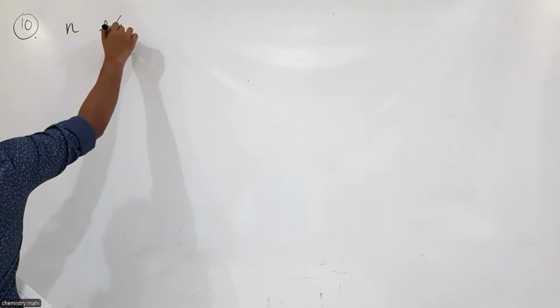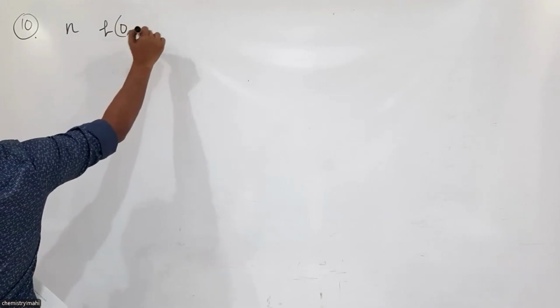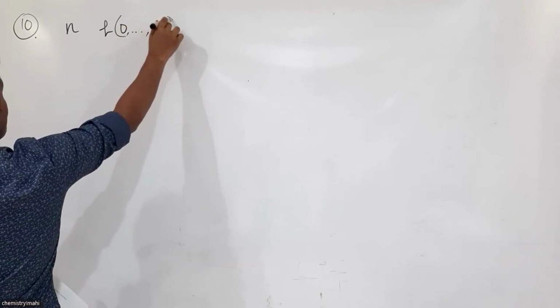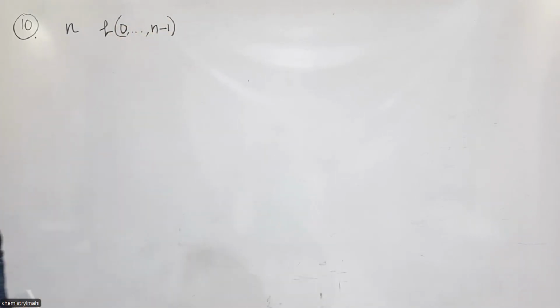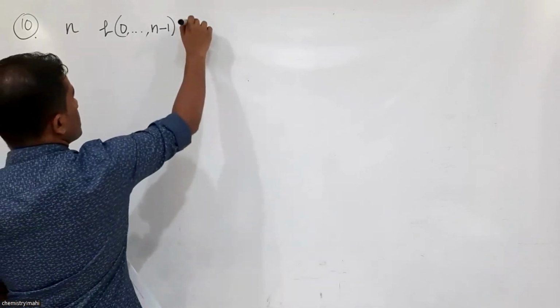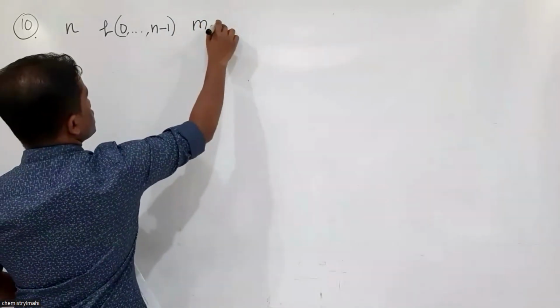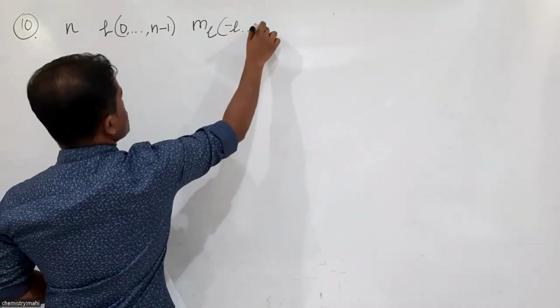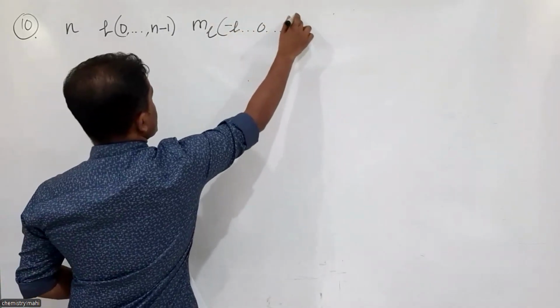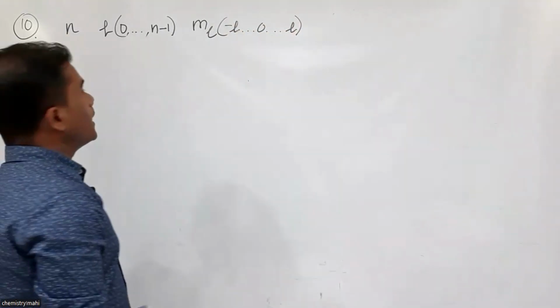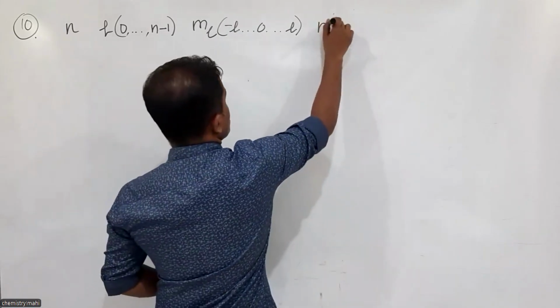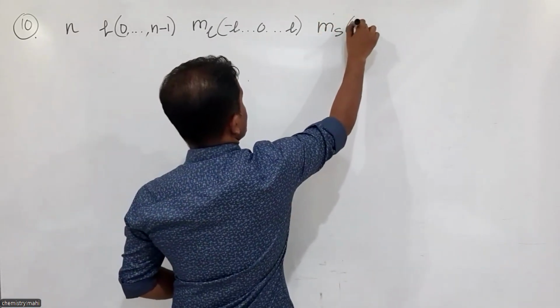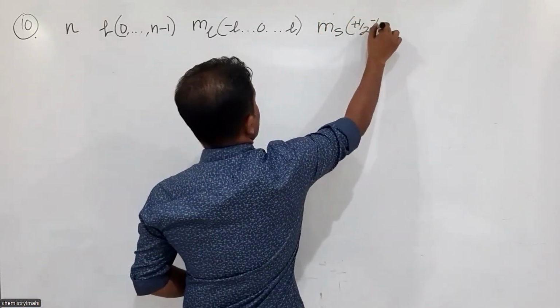It should start from 0 and continue up to n minus 1 only. You can't pass that. In the case of ml, there is a rule. You start from minus L, go through 0, and come up to plus L. In ms, there is a rule. Just two values are possible, plus half or minus half.